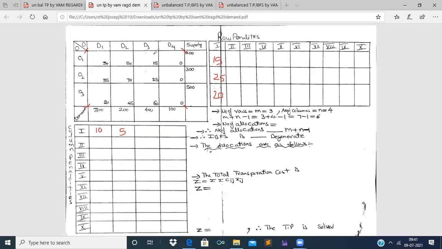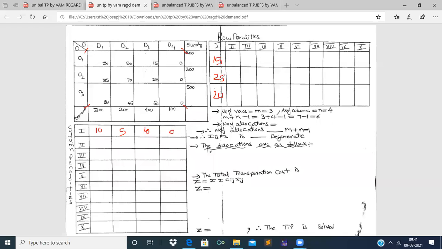And in the third column, the first least cost is 15 and the next least cost is 25. 25 minus 15 is 10. Now in the last column, the first and second least costs are zeros. Therefore, 0 minus 0 is 0.